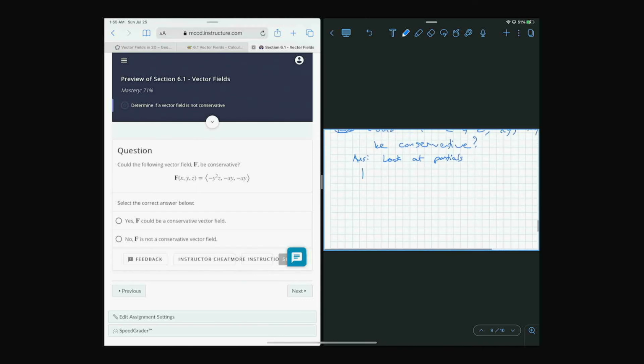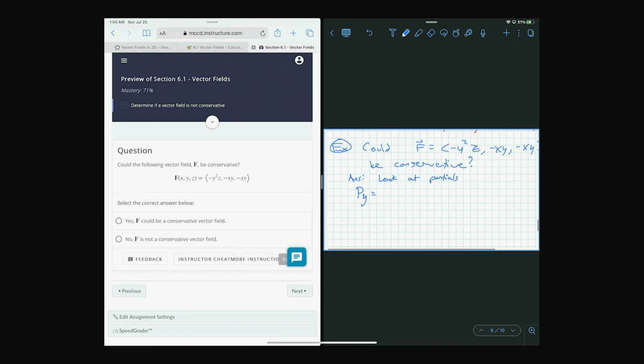If you take the partial of p with respect to y, it'd be negative 2yz. That would have to be equal to qx.